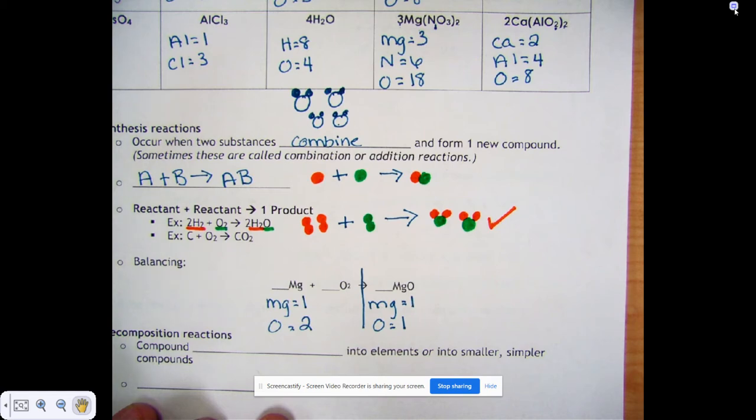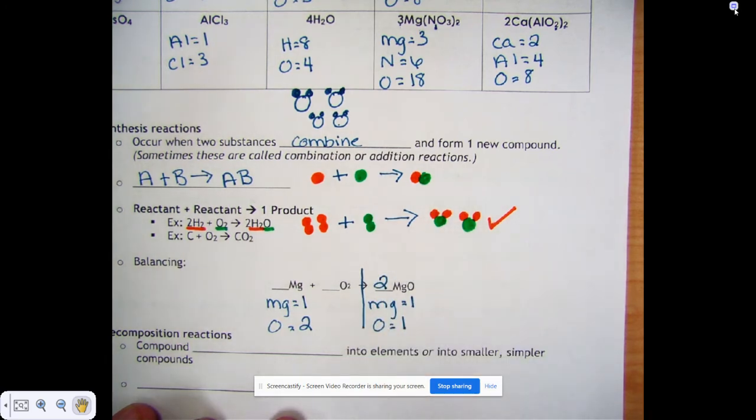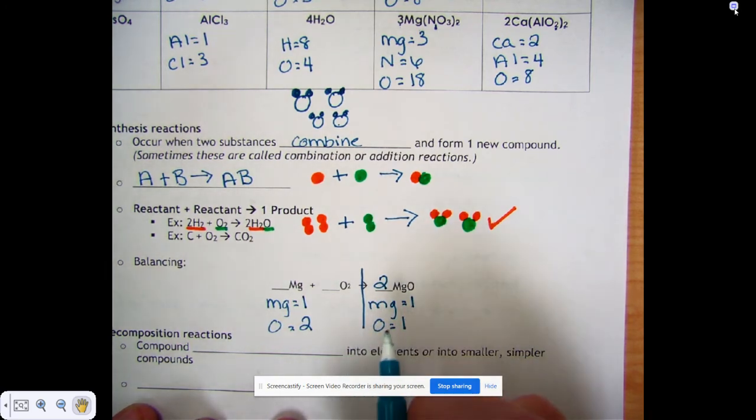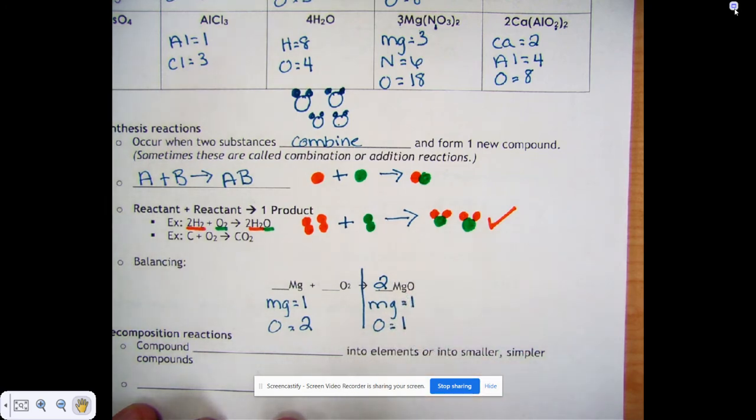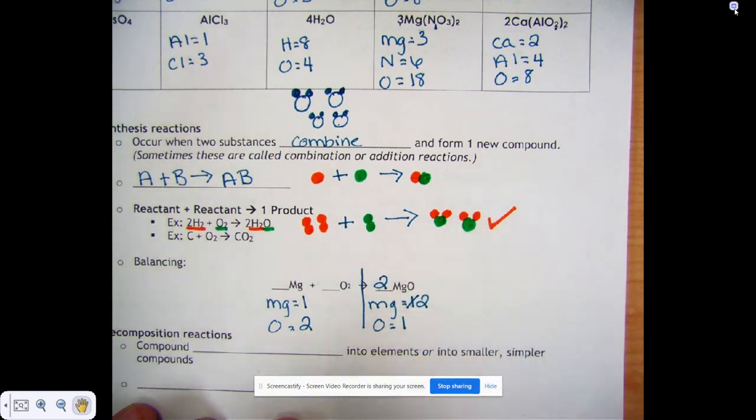So you add coefficients, and then you recalculate. So can I make this 1 into a 2? I can. If I put a 2 right here, watch this. I'm going to recalculate. 2 times the 1 for magnesium because it did go with magnesium. I'm going to cross this off and put a 2. Okay, I don't care if you erase. I wouldn't erase, that way I have my beginning in case I mess up.